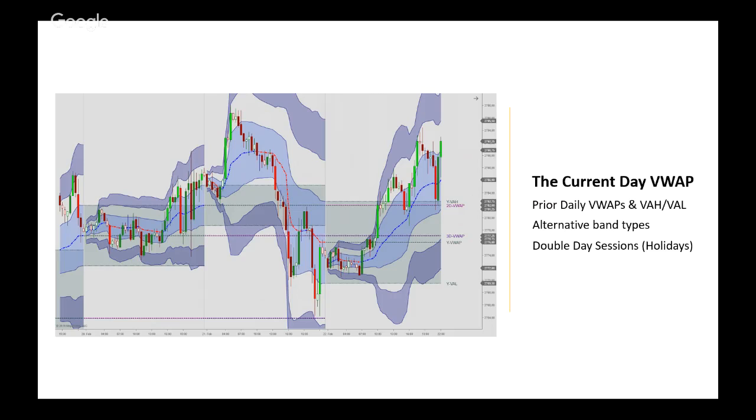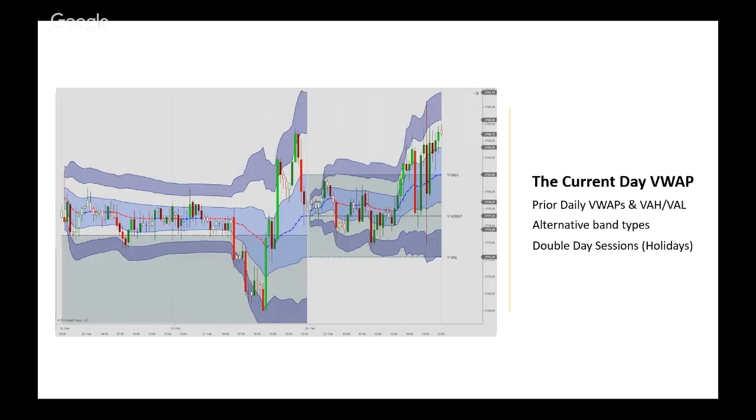As many of you will know, these double day sessions are treated as one single trading day, and therefore these abbreviated trading days are bundled together as one session, giving us a correct prior day value reading for the following day.